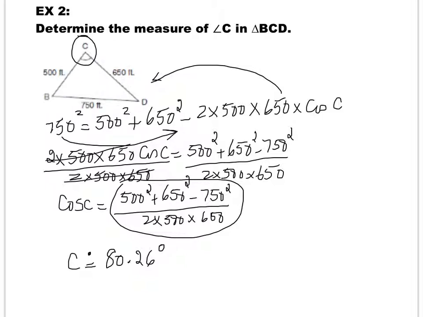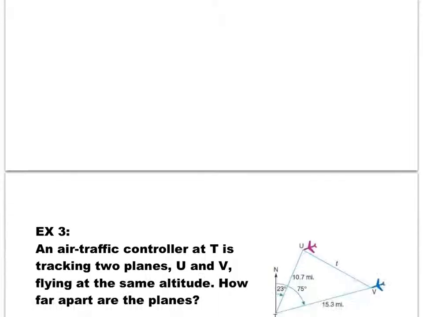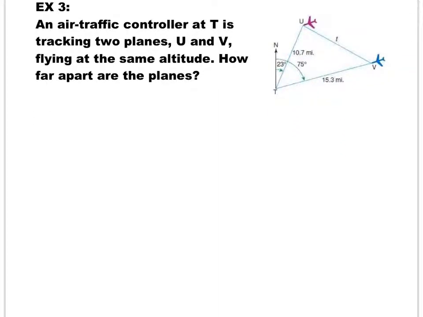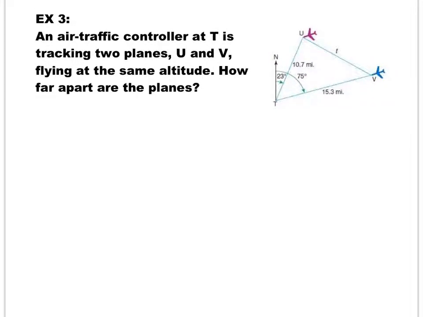Now we are going to do the last question. This is a word problem. We have an air traffic controller at T, which is here. There are two planes, one here and the other one here. What we are supposed to do is to find the distance, meaning t, between the planes.